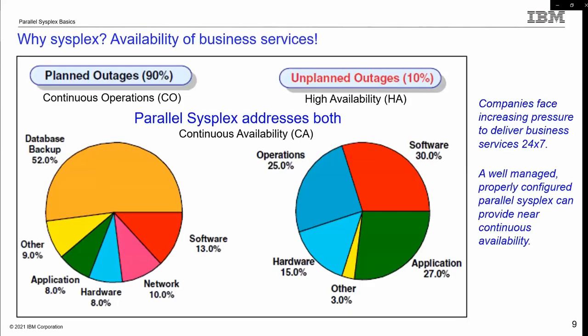In 2021, companies need to have applications that are always available, 24/7 by 365. If there is an outage, and it's a planned outage because we need to apply maintenance, we still expect that application to be running while we apply maintenance to one part of our system.